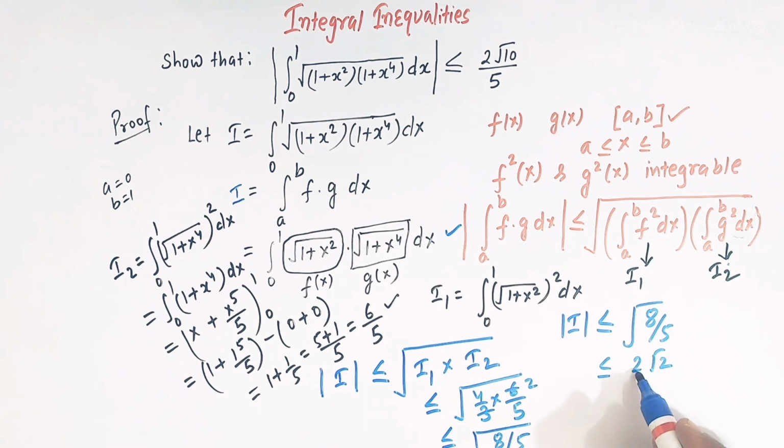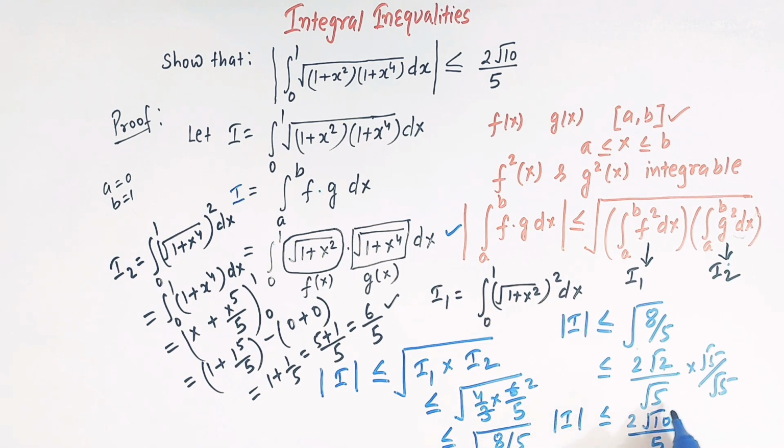Square root of 8 is 2 times square root of 2, divided by square root of 5, and we can rationalize it. So we have here square root of 5 over square root of 5. So this is 2 times, this is 2 5s are 10, so this is square root of 10 over 5. Right, and this is our desired inequality.